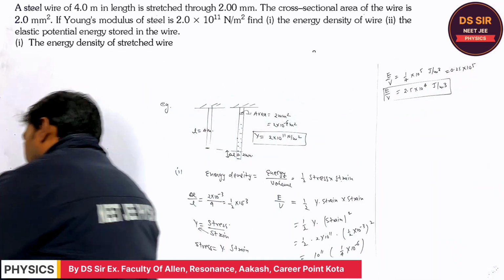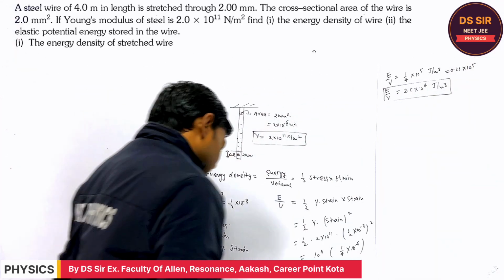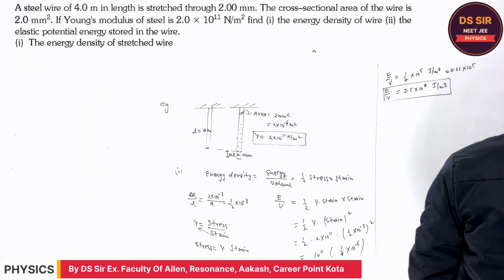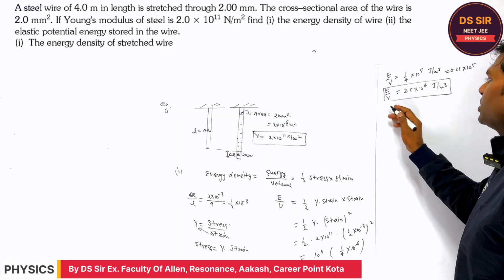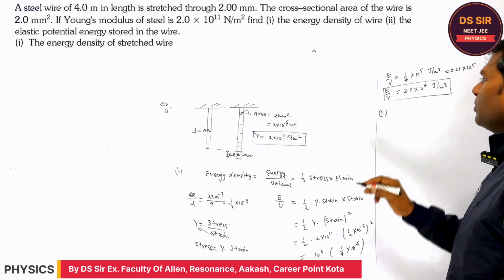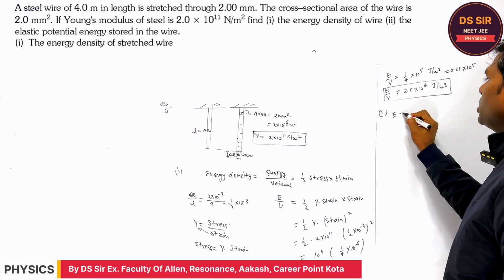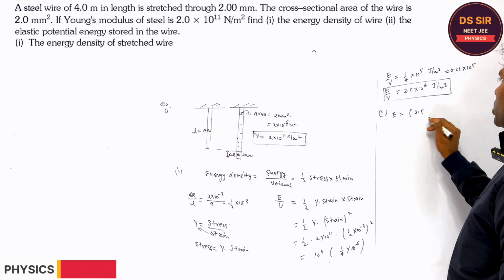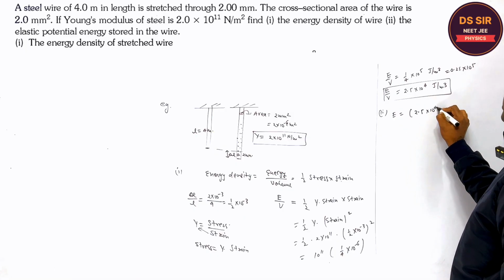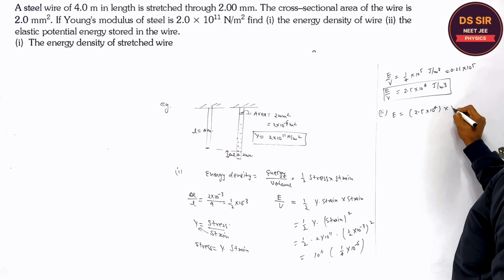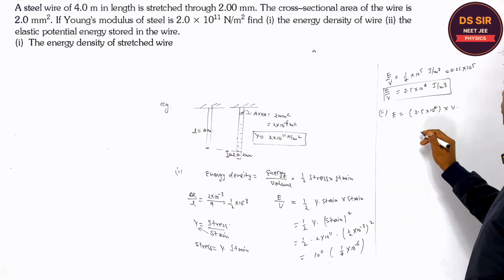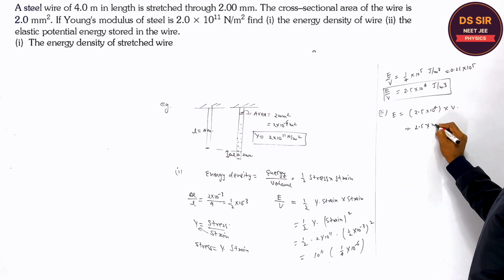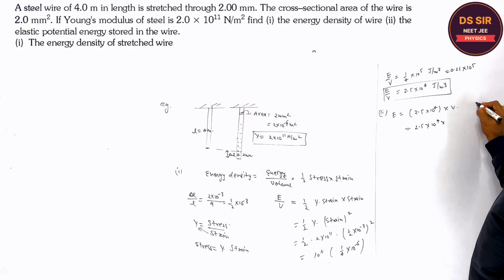All right. And in the second part, what they are asking, the elastic potential energy. Potential energy is nothing but E, they are asking. So E is equal to the energy density 2.5 into 10 to the power 4 multiplied by volume. And what is the volume? Volume is nothing but area into L, right?